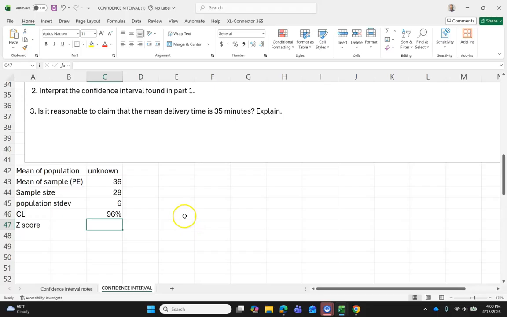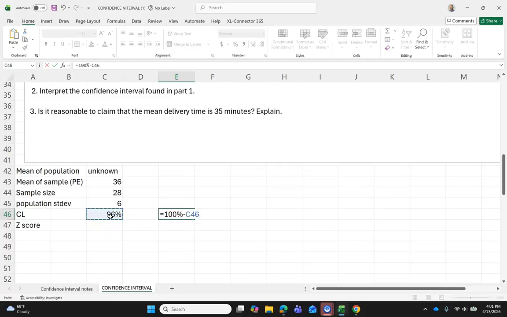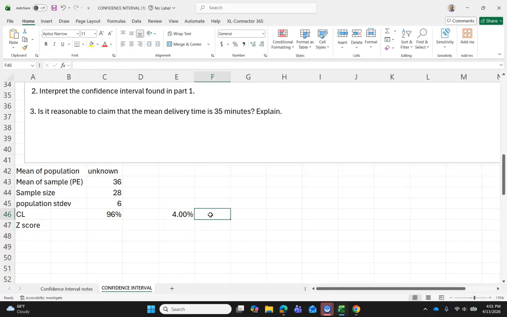Put an equal sign, 100% minus 96%. And in this case, we have 4%. And we're going to distribute this into 2. So put an equal sign, click on this particular value, divide by 2. And so we know that one side will take 2% and the other side will take another 2%.